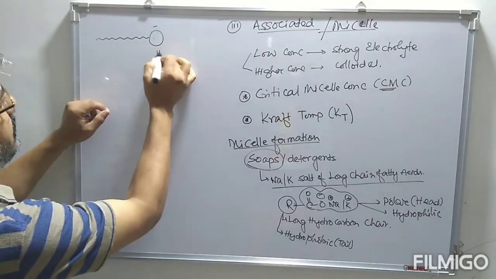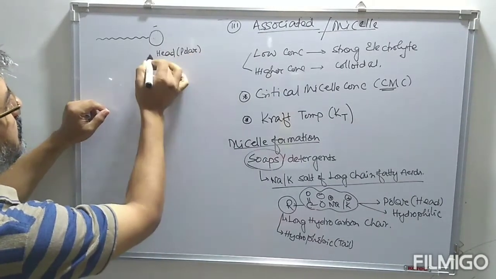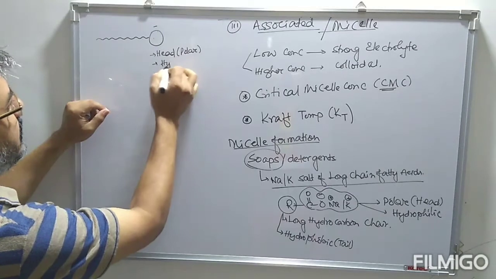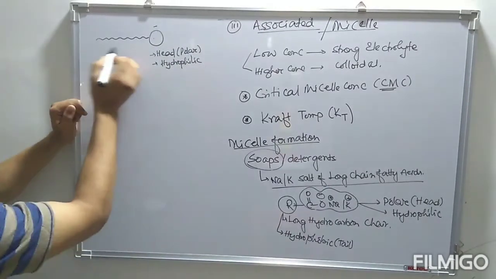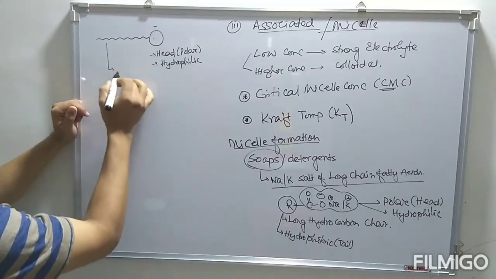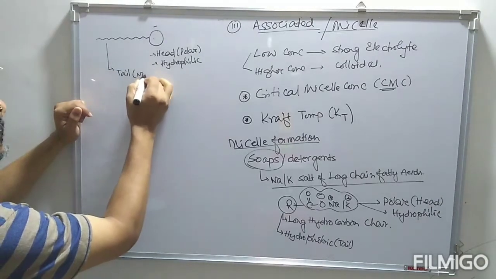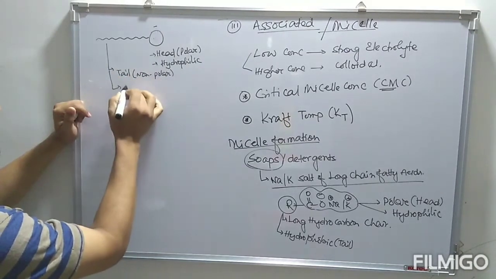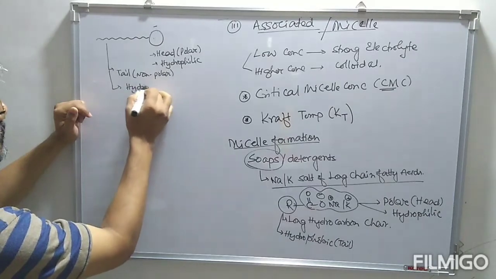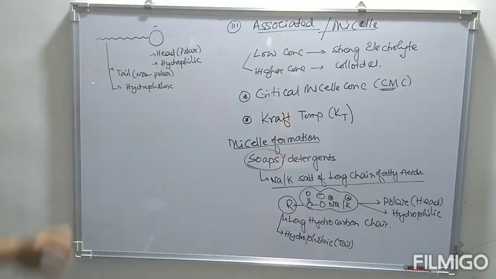This is the head, and this is polar. This is hydrophilic. This part is the tail, that is the hydrocarbon part, that is non-polar, and this is hydrophobic. So we have both hydrophobic and hydrophilic parts.